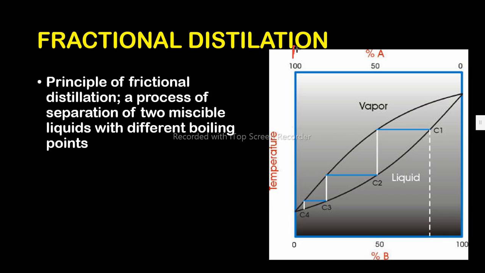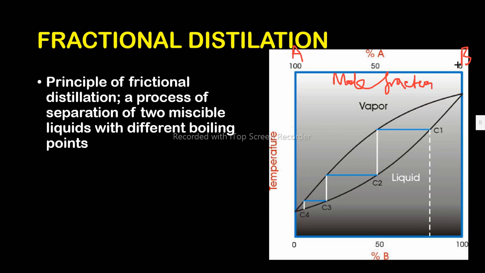So you have A and you have B. This is pure A and this one is pure B. At 0% A, this one becomes pure B, and at 100% A, this one is pure A. Alternatively, they can write mole fraction instead of percentage composition.